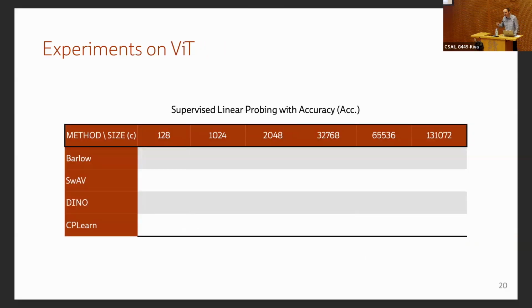Okay, one may wonder, yeah, but these were very simple data sets and a very small network, but how does it perform in more realistic cases? So here is ImageNet-like data where we train a ViT small. We perform some analysis where we compare again with Barlow twins, with SWAV, with DINO, which is one of the famous models in this field, and we change the number of outputs to see what's happening.